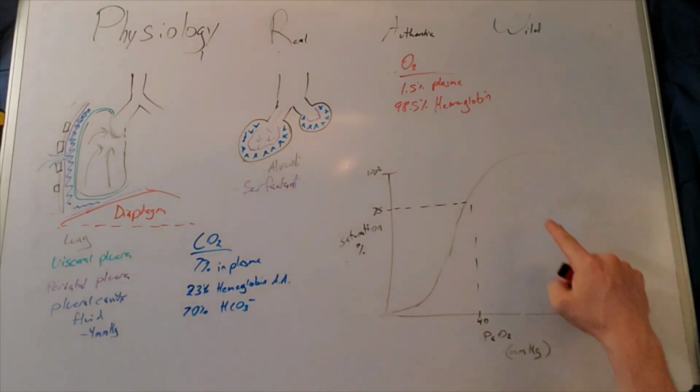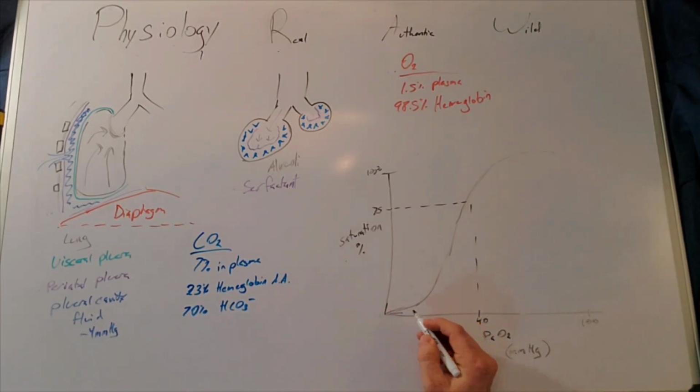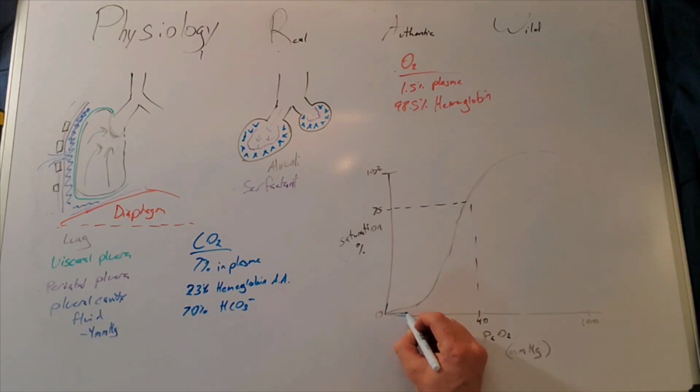Okay, so now we have this curve right here. This is the saturation percent of oxygen and the partial pressures of oxygen in the arterioles. Usually this is just the normal affinity for oxygen to that heme. So we'll start with things that will affect this curve.